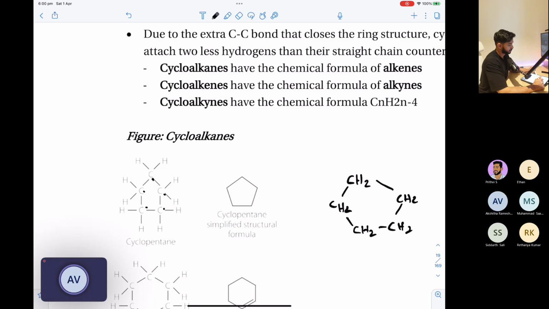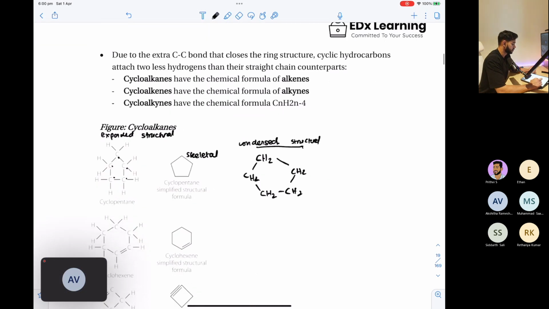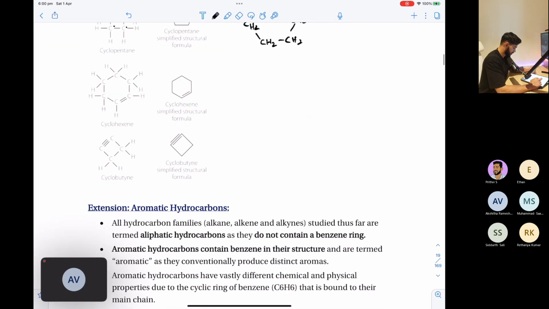Structural, was it? So this is expanded structural. This is skeletal. What is this called? It is structural, but there's a name in front of it. It's condensed structural. The reason is they'll just ask you to draw it in a specific way. If you don't know what that means, you won't be able to draw it. Okay? Expanded structural, skeletal, and condensed structural.